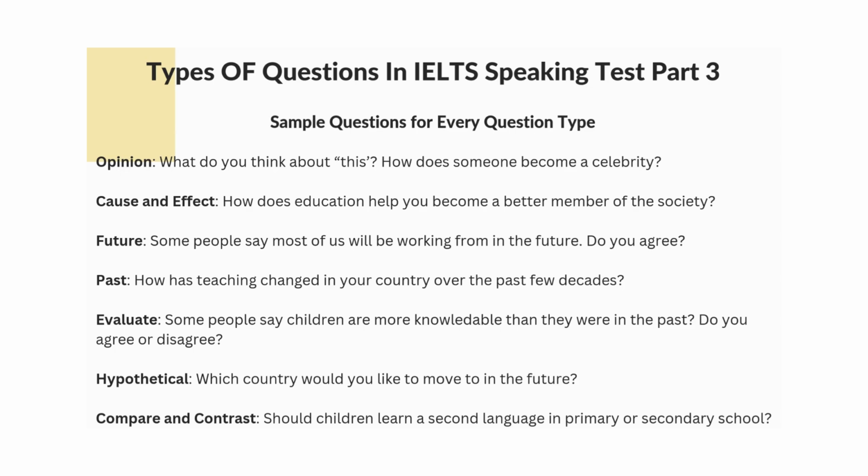You can say that one can become a celebrity by appearing in movies, or by launching a YouTube channel. There are many ways to become a celebrity these days. So this is how an opinion question looks like.